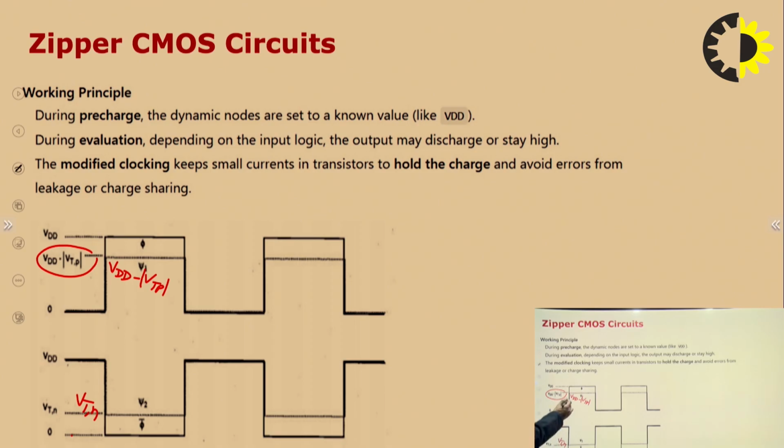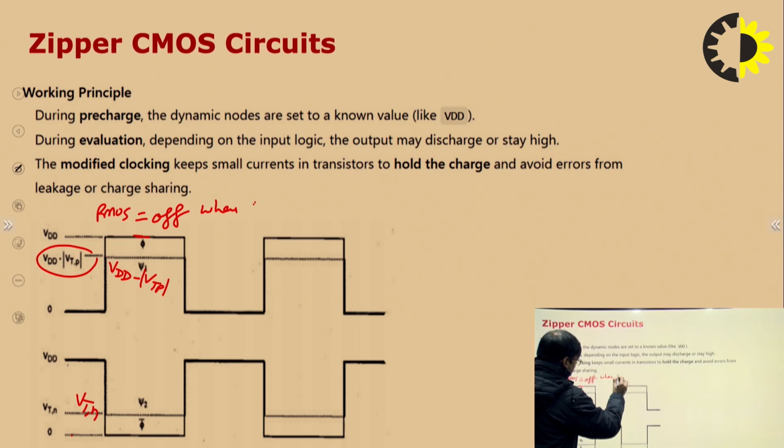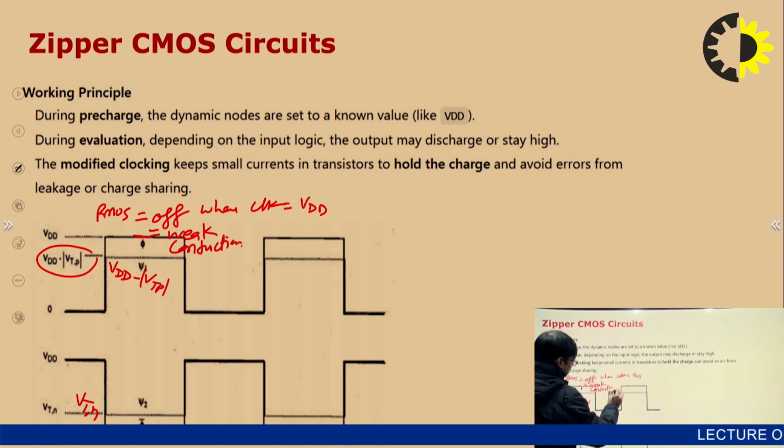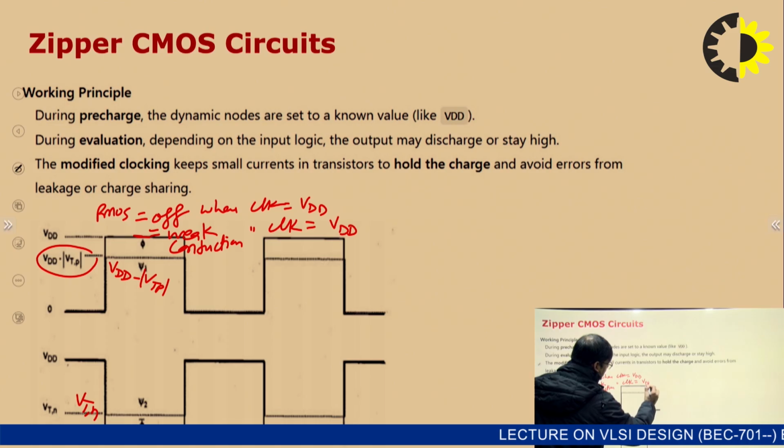Similarly, for a PMOS, when the clock is equal to VDD the PMOS is off, but it is in weak conduction when the clock is equal to VDD minus VTP.